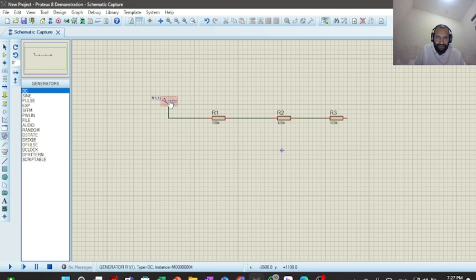When this 12 volts enters these resistors, the resistors will have a voltage drop of these 12 volts. So all the voltage will be shared among these three resistors. So let's change this to 120.